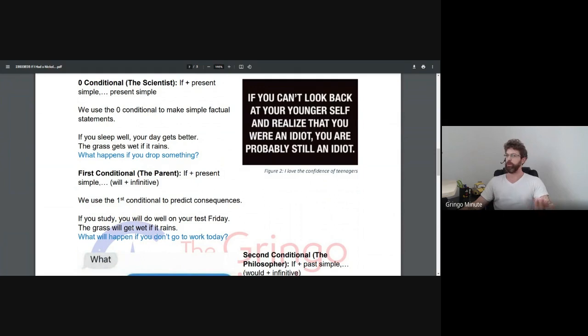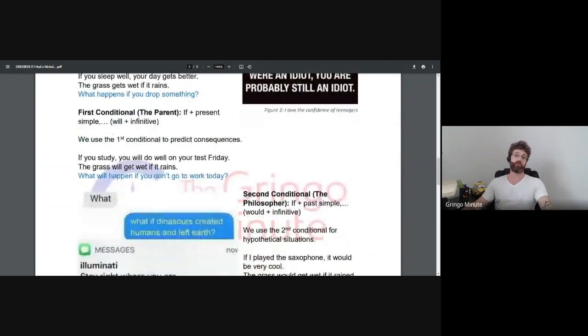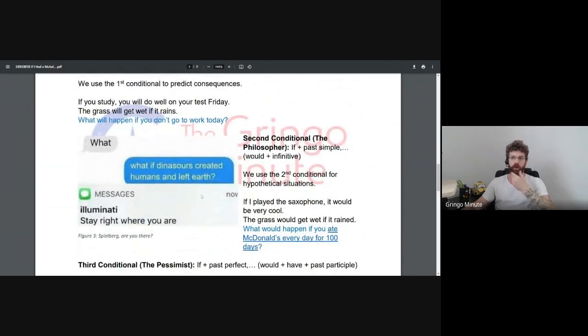All right. Up to there, I usually don't see any problems, but now we're going to get into the trickiest, but also the best one to use for practice, which is the philosopher. This one, sometimes I like to think of it like the fantasy writer. Neil Gaiman says that what if is the beginning of every fantasy story. And here, this is a little bit less intuitive.